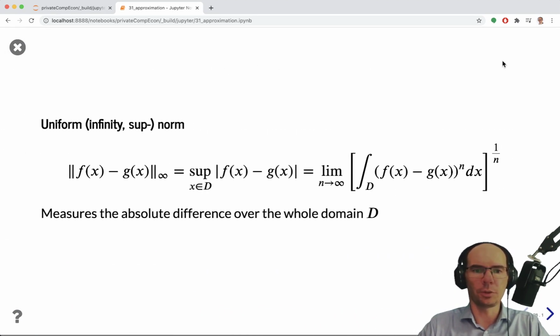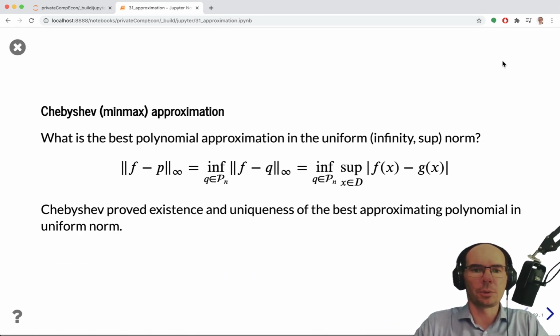Okay, can we achieve the best polynomial approximation in this sup norm? Can we find a way to compute this p, the approximating polynomial, which would achieve the infimum, the minimum distance, in the sense of this infinity norm?